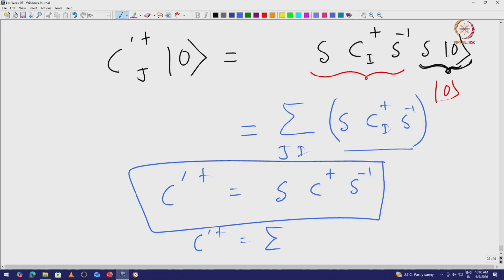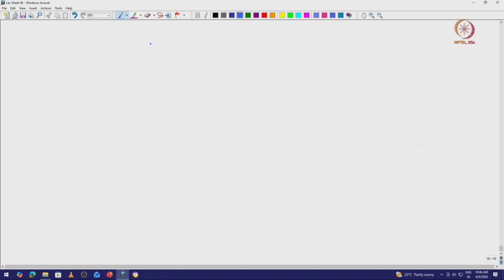Which is just with one S I J c I J. Okay. So this is the important part. And then if you do the same thing for the annihilation operator, then it will be the other way.